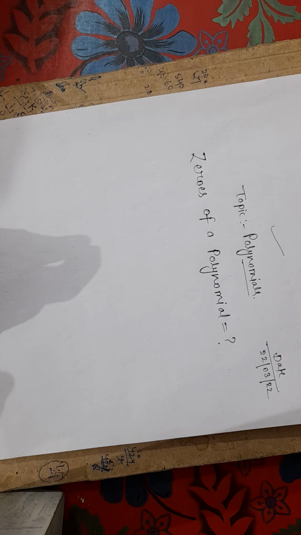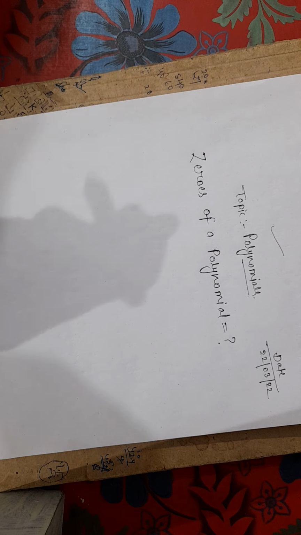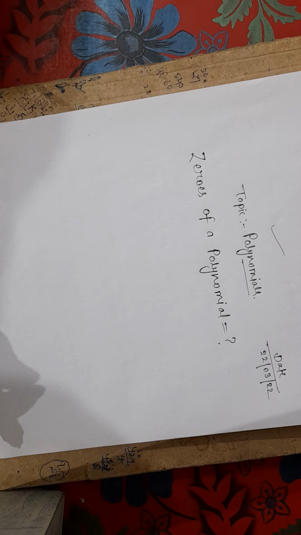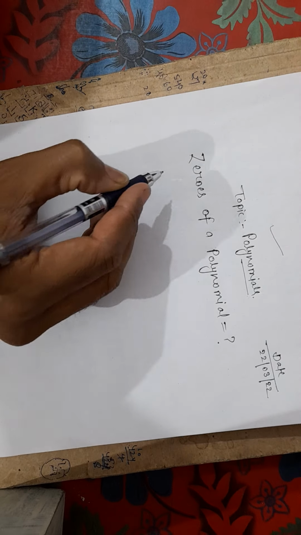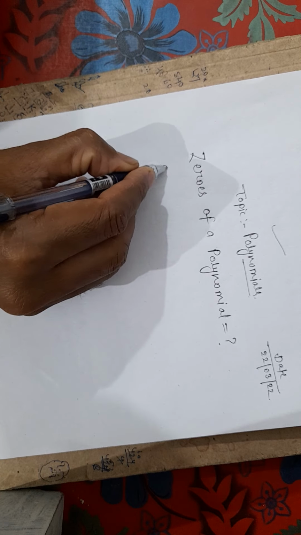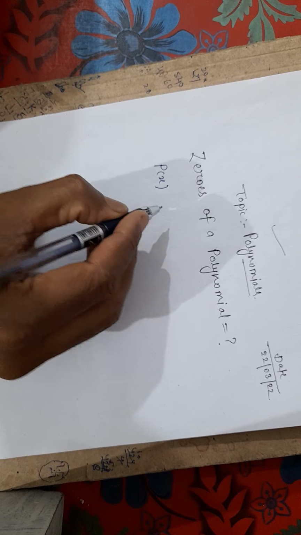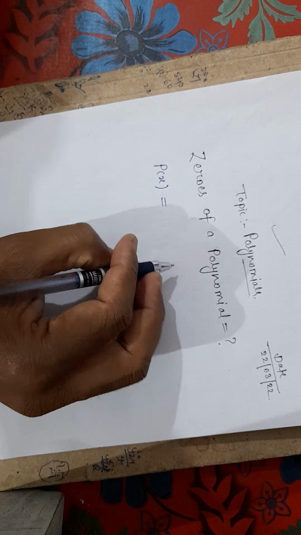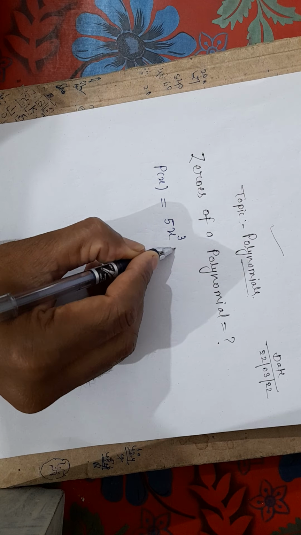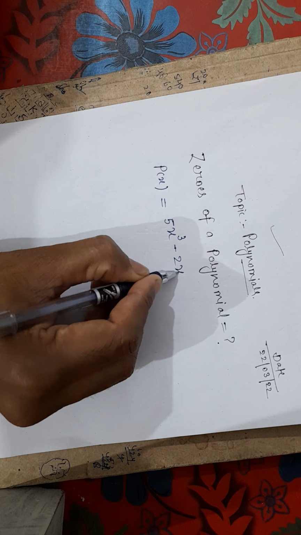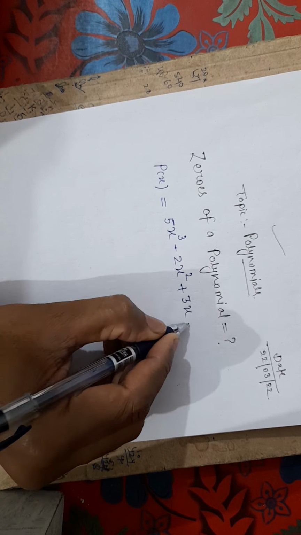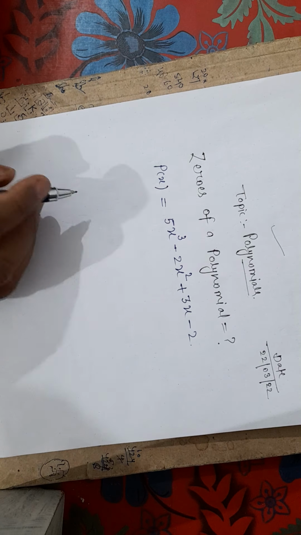So in order to find the zeros of the polynomial, first we will consider a polynomial. Which one? p(x) equal to 5x cube minus 2x square plus 3x minus 2.